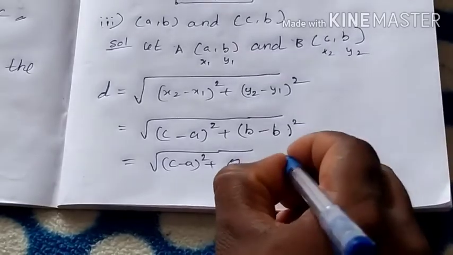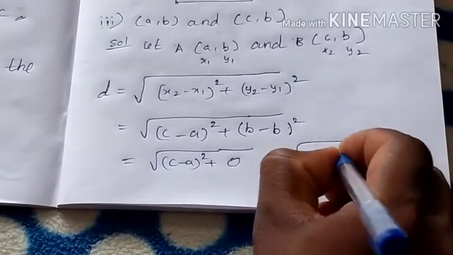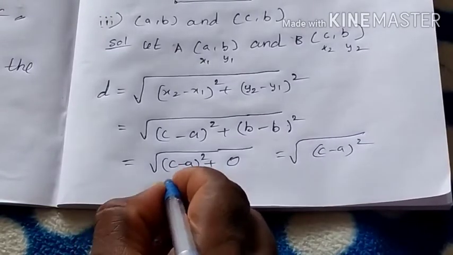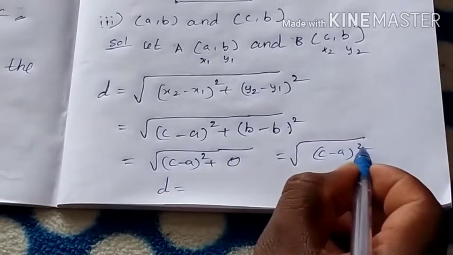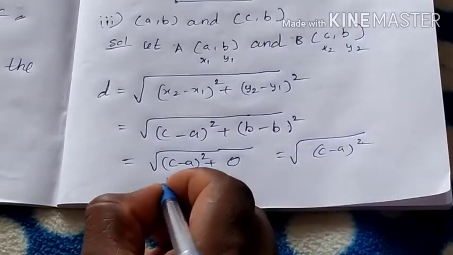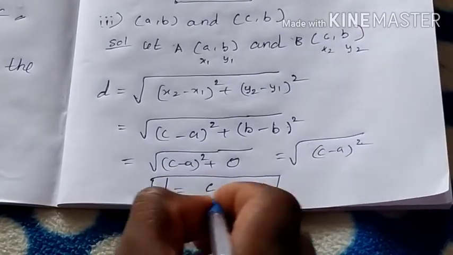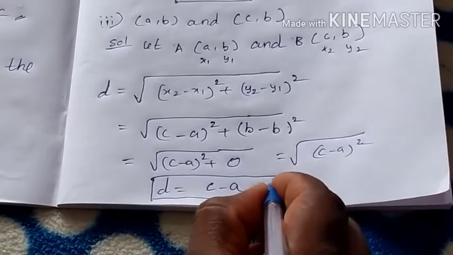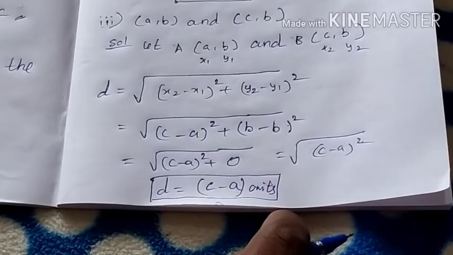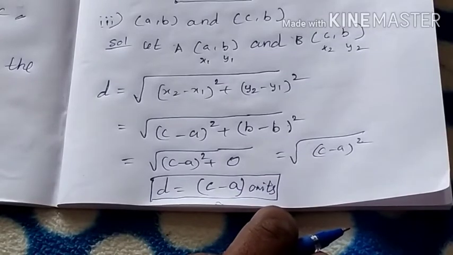Which is equal to the square root of C minus A the whole square. Therefore d is equal to, the square and the square root cancel, remaining we get C minus A units. This is your answer. Have you understood?